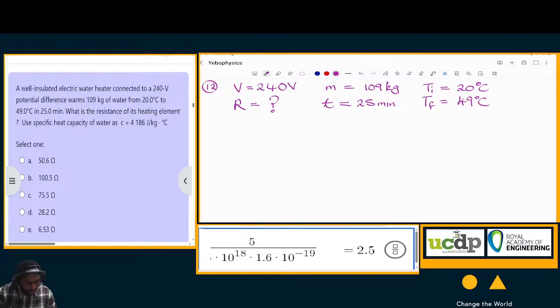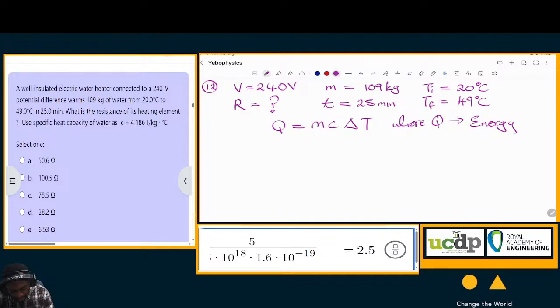So from what we're given here, we should recall our heat transfer to a substance, which is Q equals mcΔT, with a capital T for change in temperature, where Q is the energy.